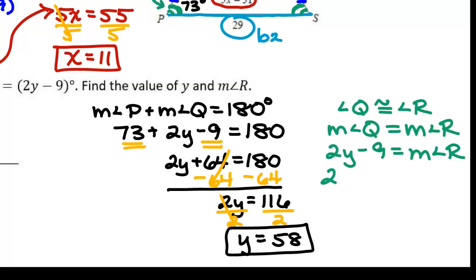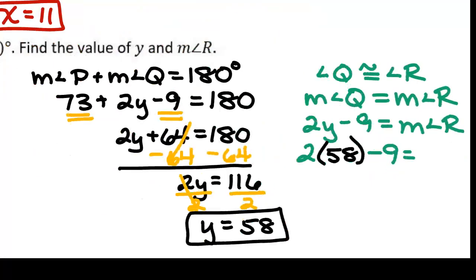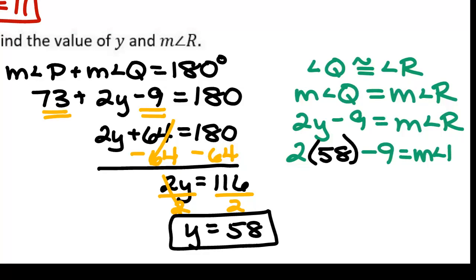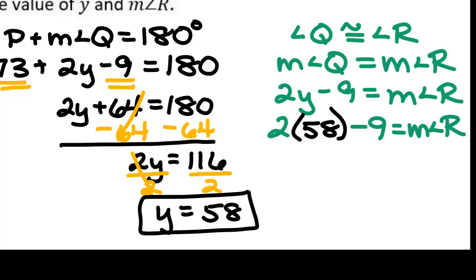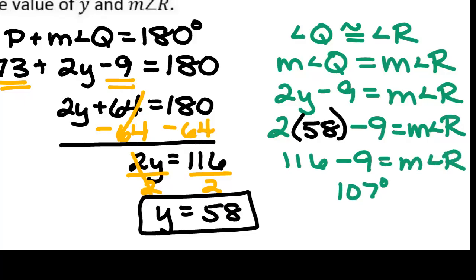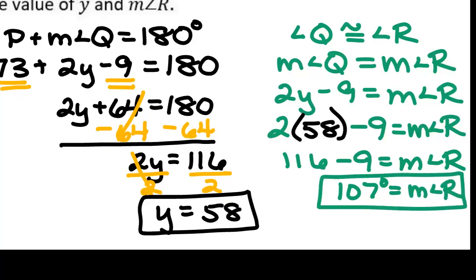And we now know that y is 58. So I have 2 times 58 minus 9 equals angle R. So that would be 116 minus 9 is equal to angle R, or 107 equals angle R.